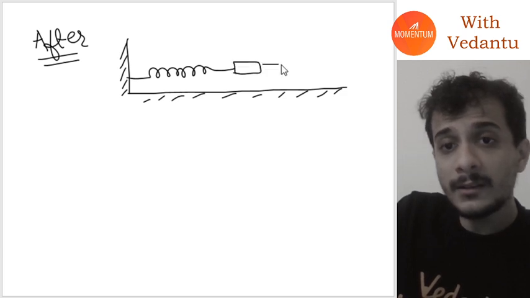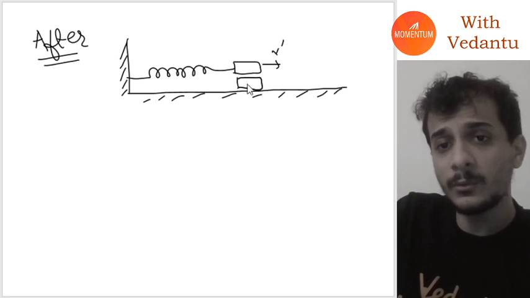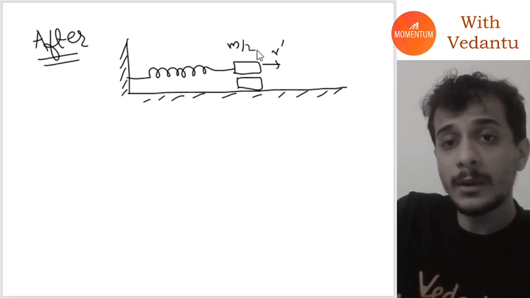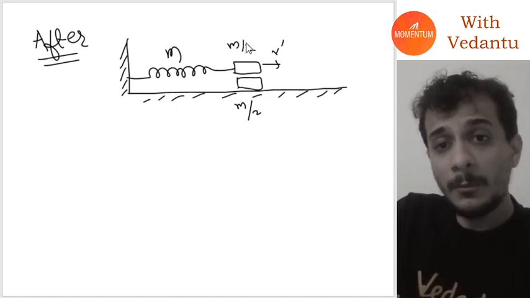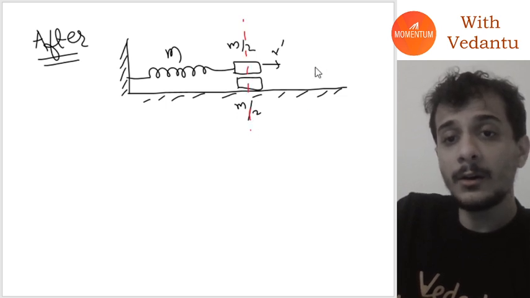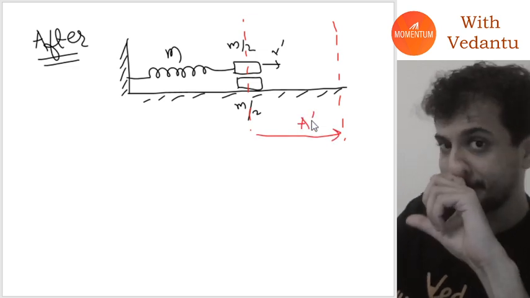The top mass is still going to move with some velocity, let's say v dash, and the bottom mass is going to come to rest. Now just the top mass is oscillating, and let's say it oscillates with a different amplitude A dash.